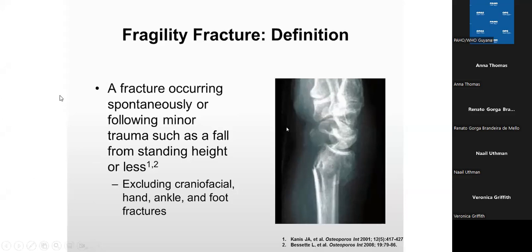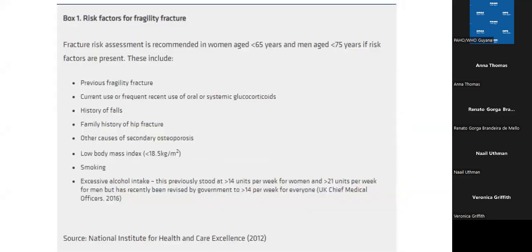I prefer calling it fragility fracture because most fractured patients don't have osteoporosis. And why is this important? Because there are other important or even most important risk factors for fracture in older people than osteoporosis alone.